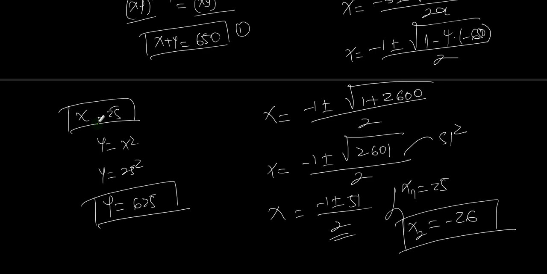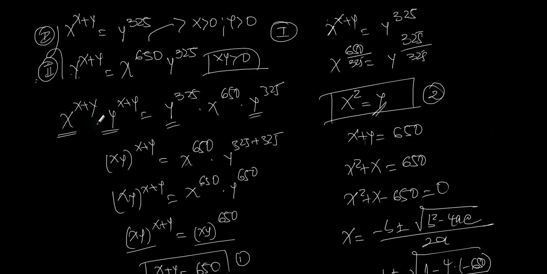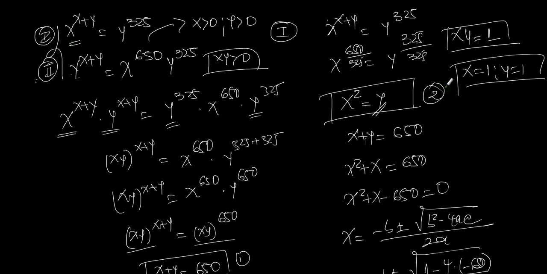But let us see here. We can see that if xy is equal to 1, it's greater than 0. You can do this by observation only, and I can say from here that x is equal to 1 and y is equal to 1 as well, because if I replace the values of 1 and 1 here, I'm going to get the same thing.